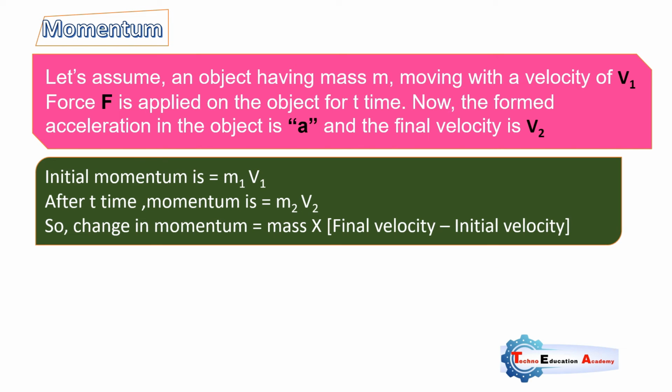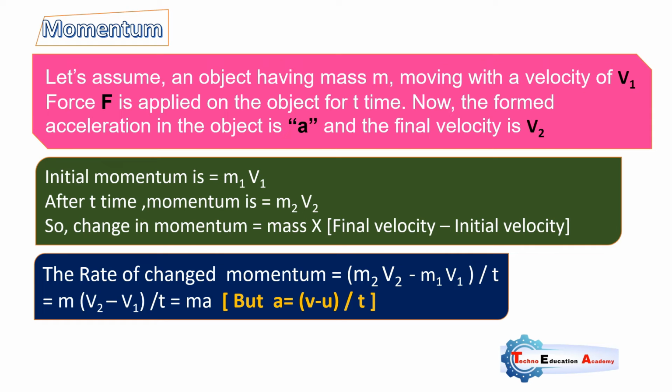So initial momentum means mass into velocity: the initial momentum is m1 v1, and after the time t, the final momentum is m2 v2. So change in momentum, here the mass remains constant, so keep it outside. Change in momentum equals mass times (final velocity minus initial velocity).